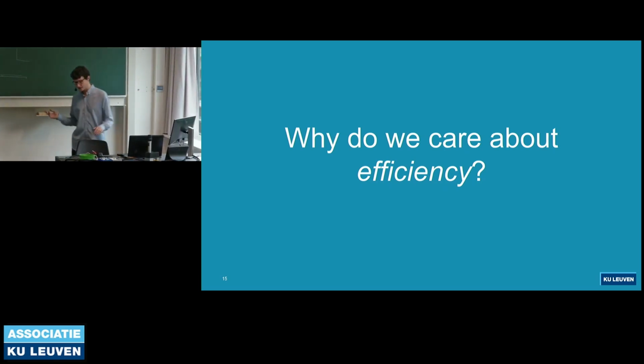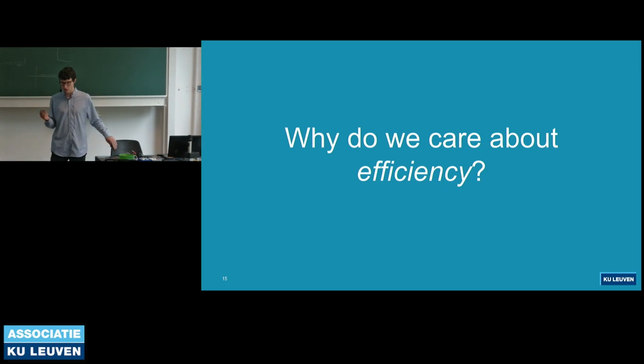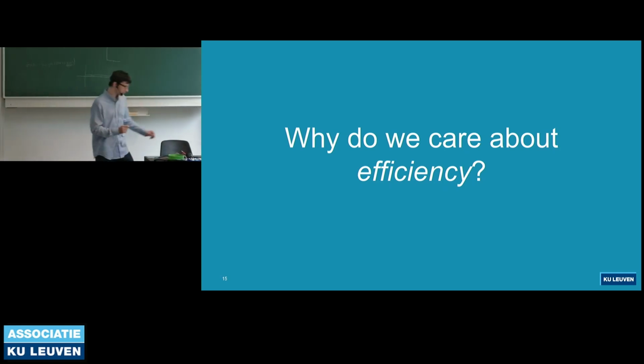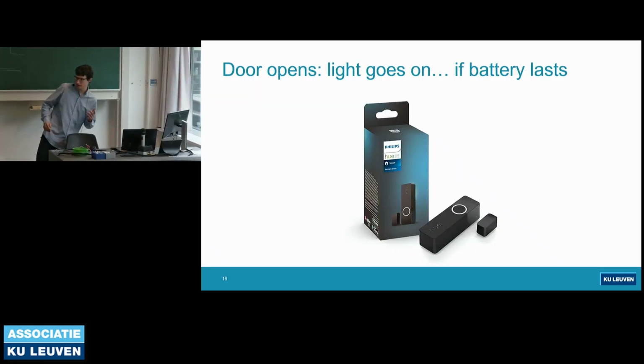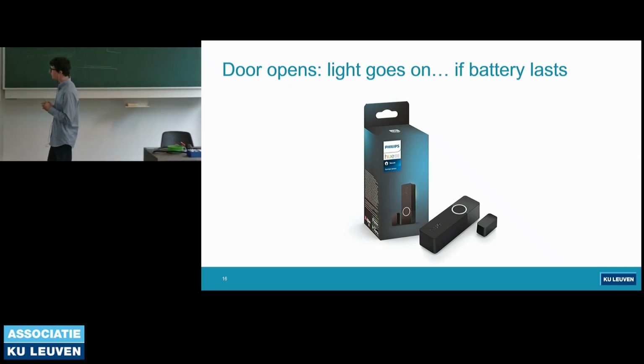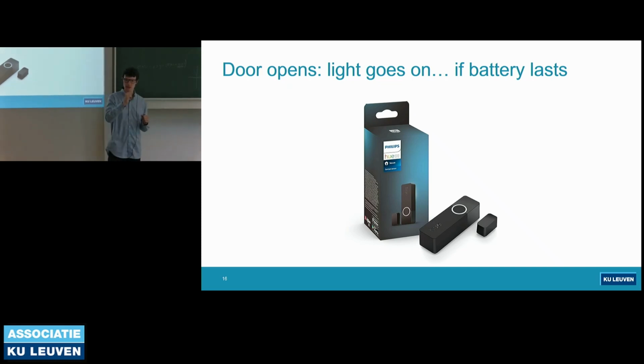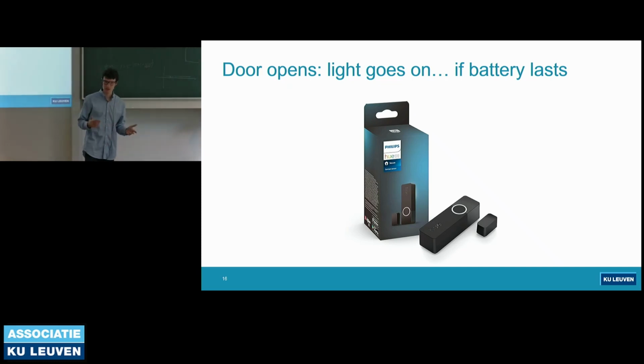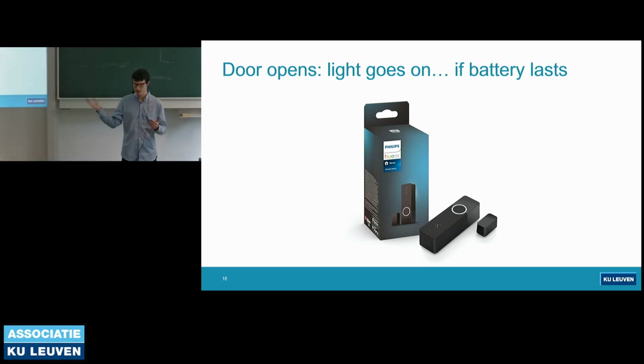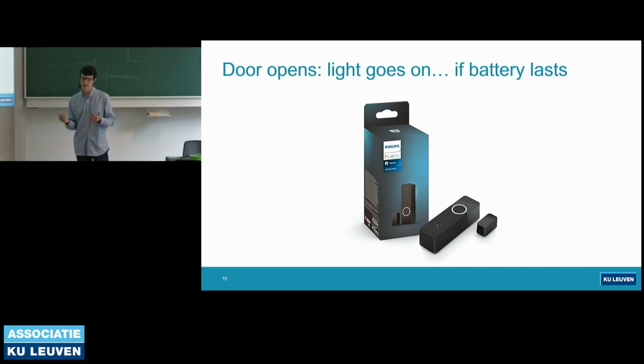In embedded systems, you often care about energy because what you're often doing is something like this. This is a Philips Hue device, and what this does is you install it on your door. You place this thing on it, and then it will detect if the door is closed or open. And then you can link that to other stuff like lights, like switches, like some sort of detector that tells you if someone is in your house.